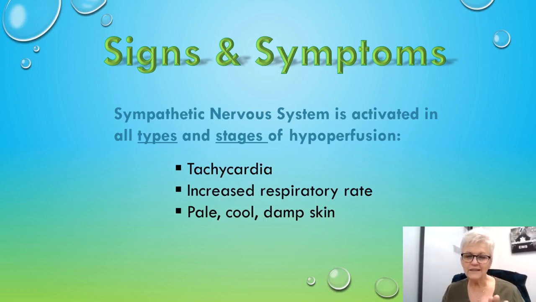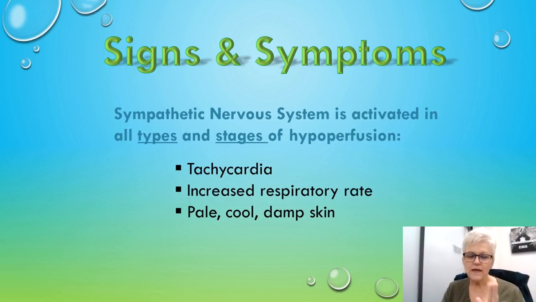So the things we see that happen when that fight or flight response is activated, we're going to see the heart rate go up. Okay, that's part of how we compensate. Okay, we're going to see the respiratory rate go up. Okay, that's to make sure that there is ample oxygen available to the red blood cells. The high heart rate is going to make sure that we're moving that oxygen around as quickly as we can to get it to the cells.